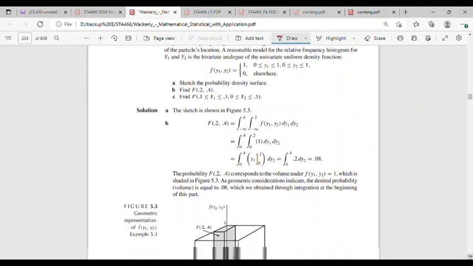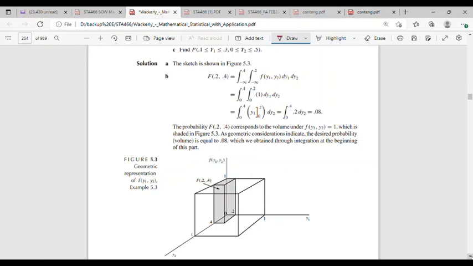If we draw the illustration of this PDF, in 3D it will look like this. If just in 2D, we have two variables. Let's say here we have Y1 and Y2.